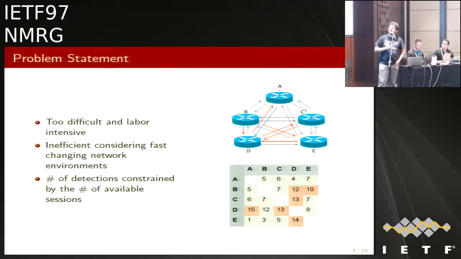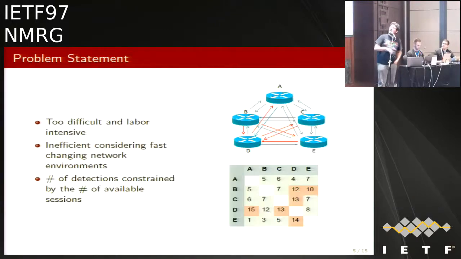It's inefficient considering fast changing network environments, such as cloud environments and also virtual environments. And also, we still have the maximum number of detections constrained by the number of available resources for the measurement probes.